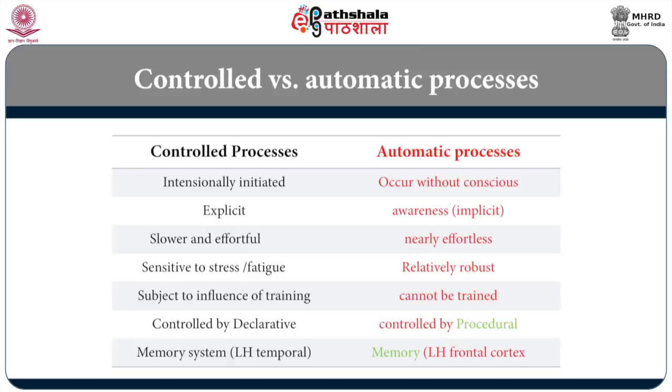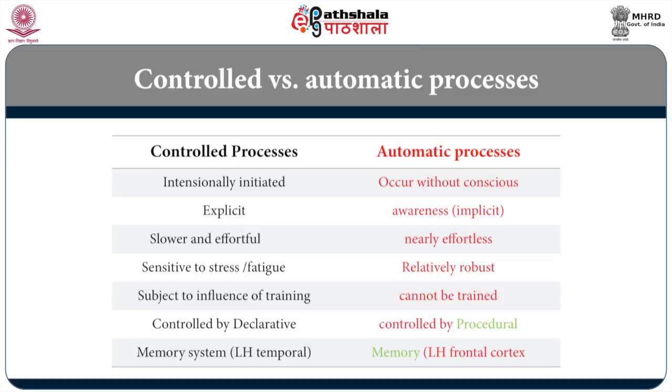Many of the original offline tests are based on control processes, but automatic processes on the other hand occur without conscious awareness. So, they are implicit, nearly effortless, robust, they cannot be trained, and they are controlled by procedural memory, which is the left hemisphere frontal cortex.